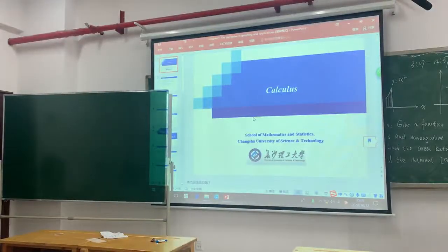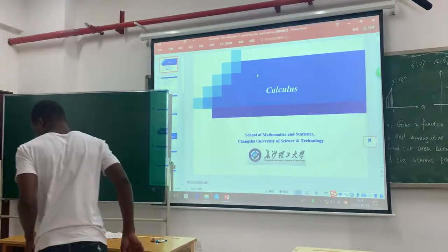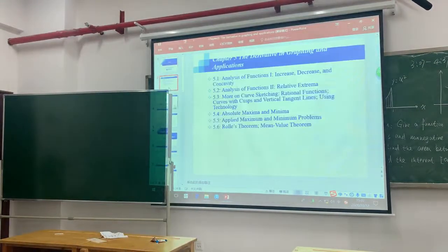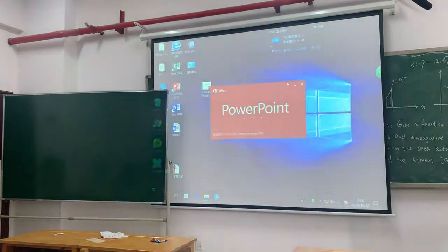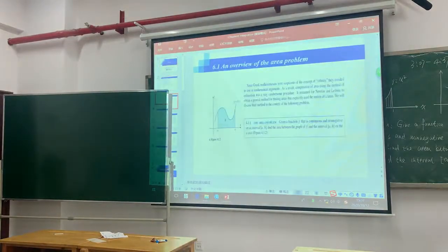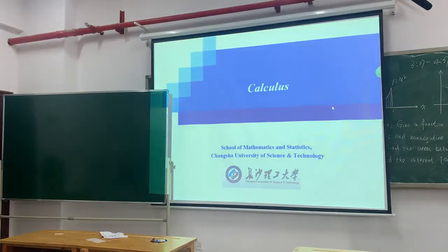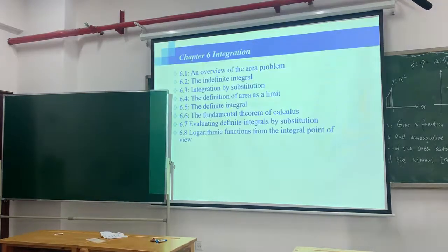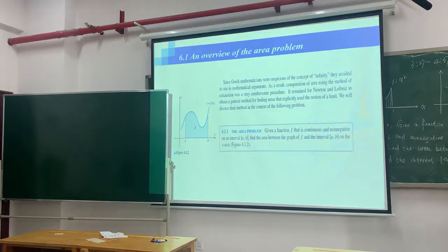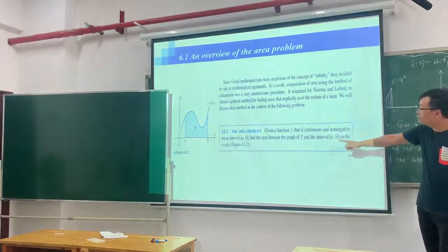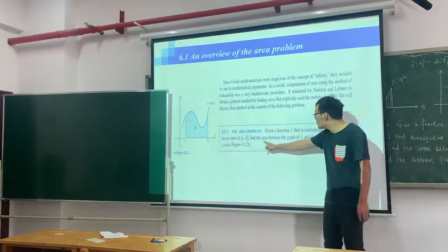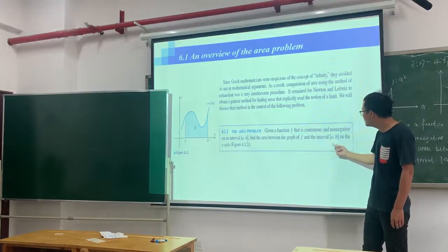We introduce two methods. The first method is the area problem: given a function f that is continuous and non-negative on an interval [a, b], find the area between the graph of f and the interval [a, b] on the x-axis.